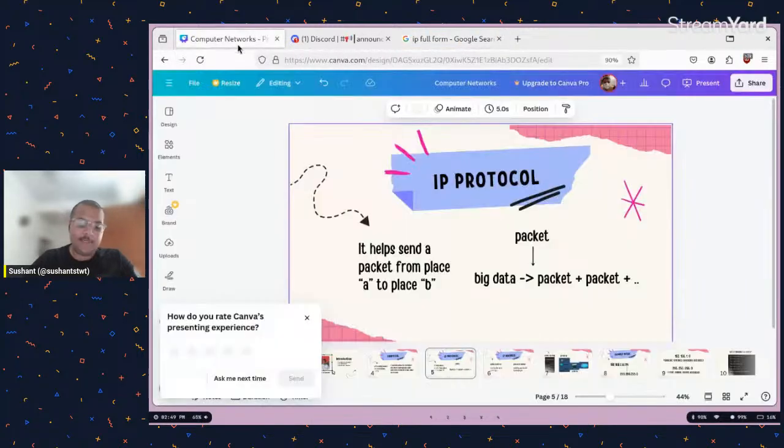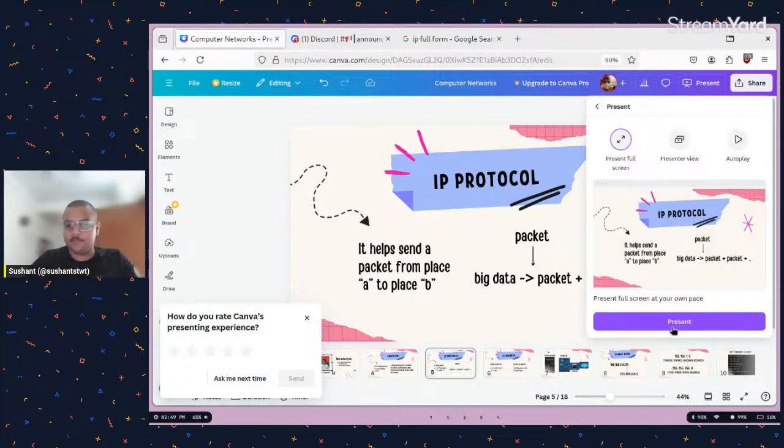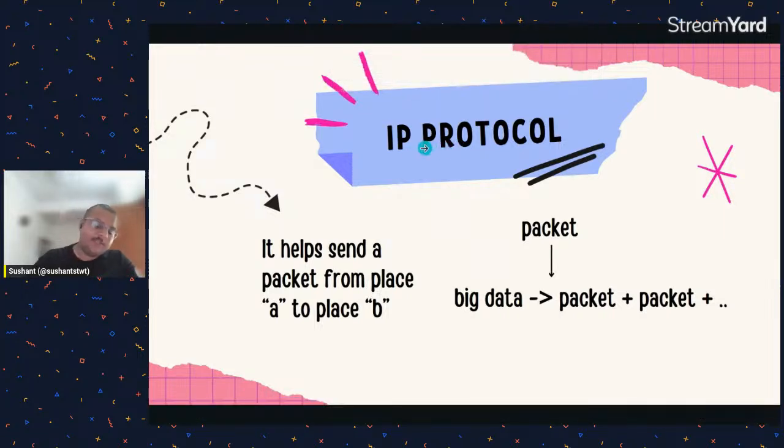Yeah, Internet Protocol, my bad. IP is nothing but Internet Protocol. It is a way for you to tell how data can go from place A to place B. Technically, it is a way to send packets from place A to B.